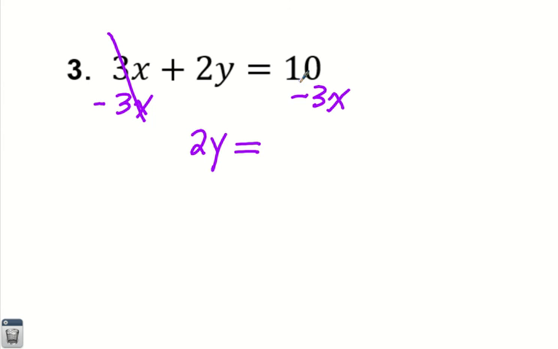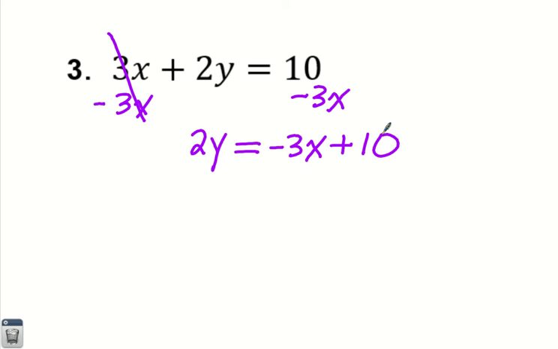And on the right side, those do not mix. Those are not like terms. They do not combine together. So I'm going to have a negative 3x term over here and a positive 10 separate term over there. I want to put the x term and then the regular number, the constant.